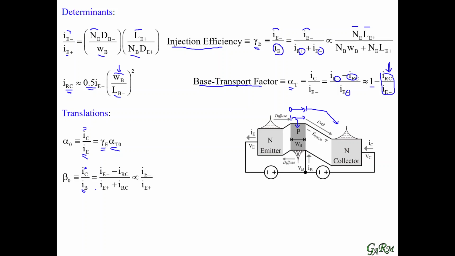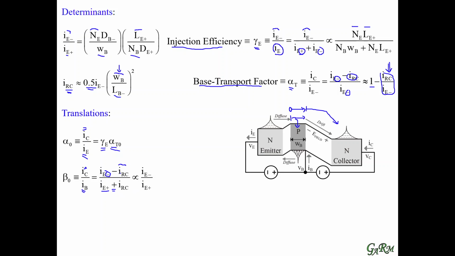Now remember, the base current is basically the whole current going into the emitter, and the collector current is the electron current. But remember, we do have some recombination in the base, and when we lose some of the electron current to recombination, the base is the one that is getting that current.